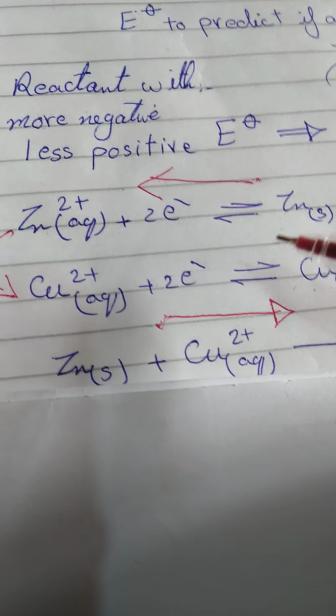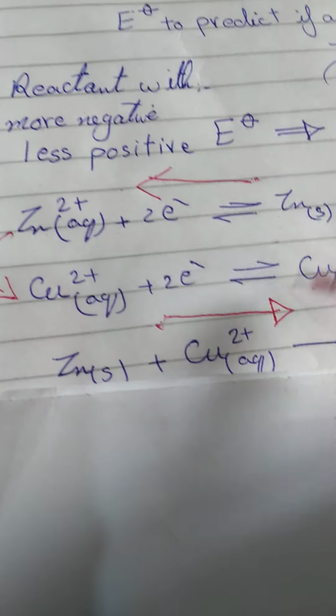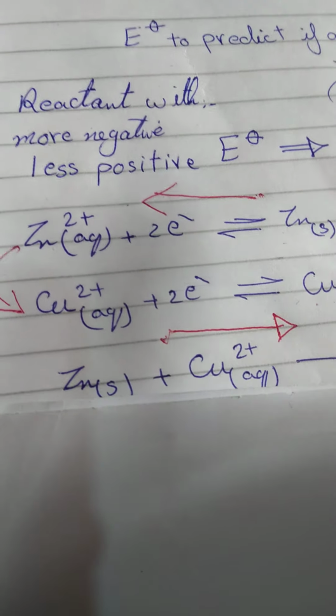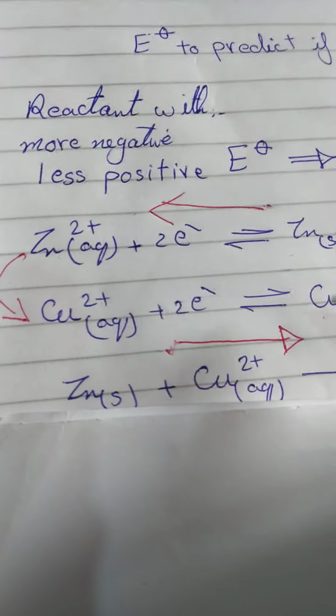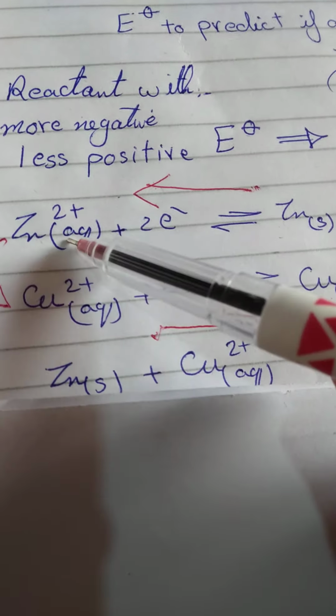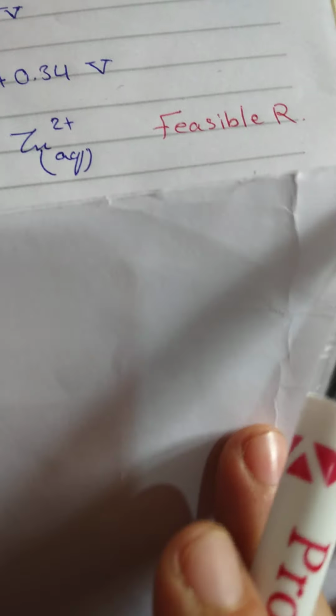So this tells us that if we add these four substances together, we can never have a reaction of copper as a metal with zinc ions to give any products. The only feasible reaction is zinc as a metal reacting with copper ions to produce copper as a metal and zinc ions. And we said that this reaction is a feasible reaction.